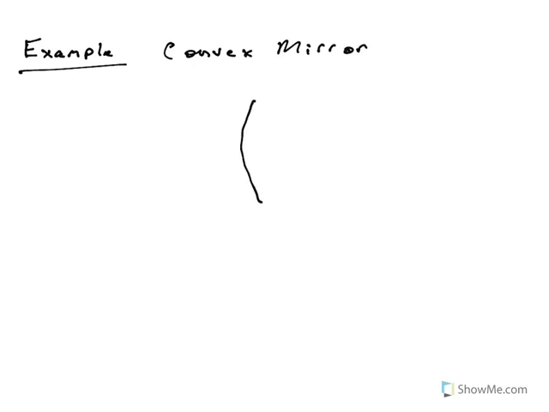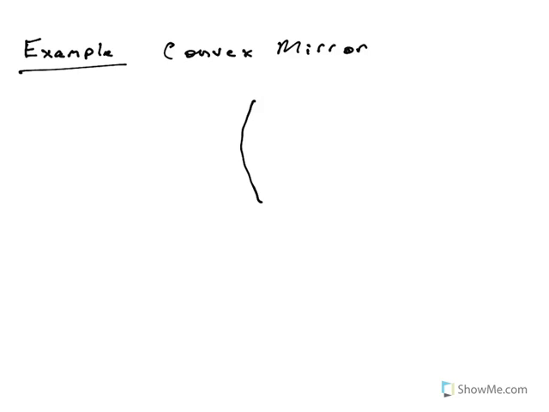So let me give another example. This one's important. What if I have a different type of mirror? This time I'm going to do a convex mirror. So here's my convex mirror.